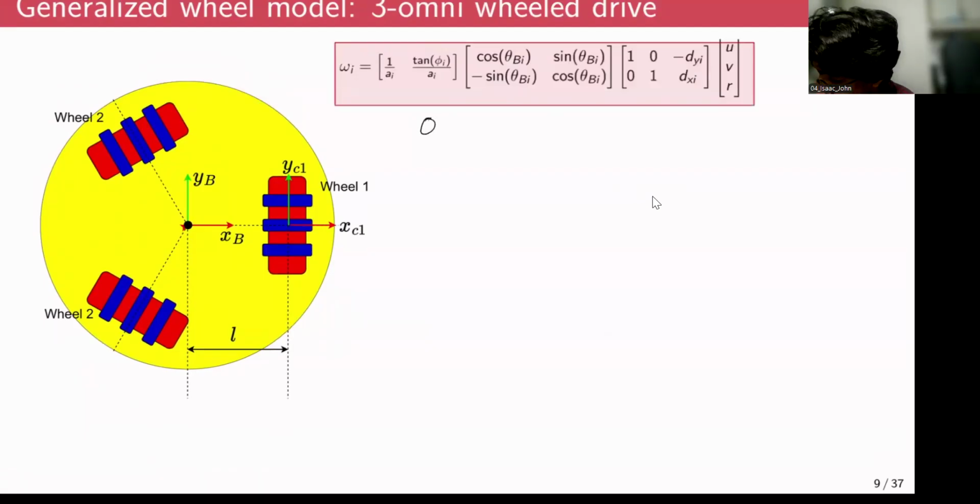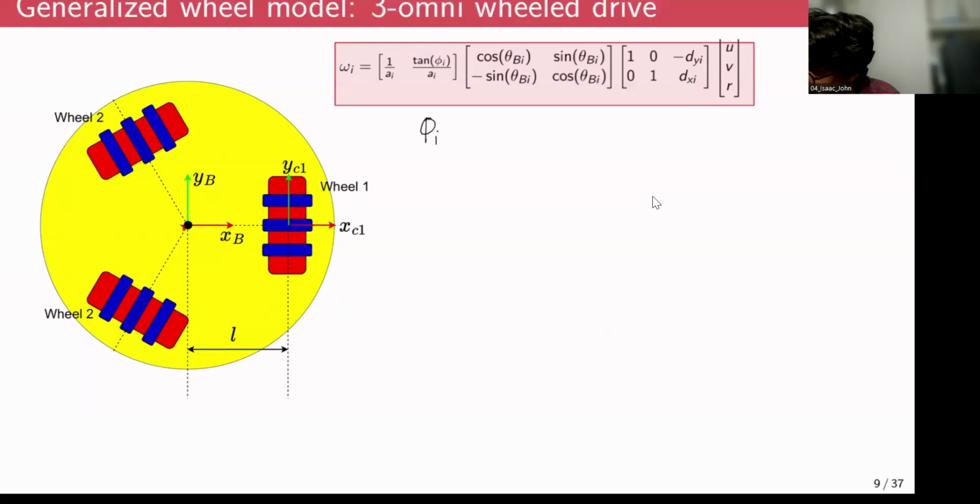So what are these components? Phi i. So phi 1 would be, I may have probably made a small mistake. The XC1 axis would be like this. It should be aligned along the longitudinal direction of the wheel, like so.